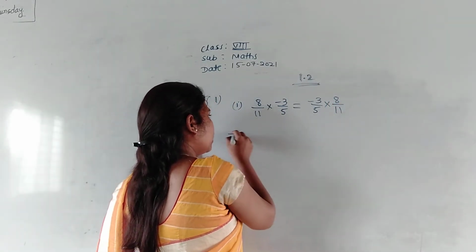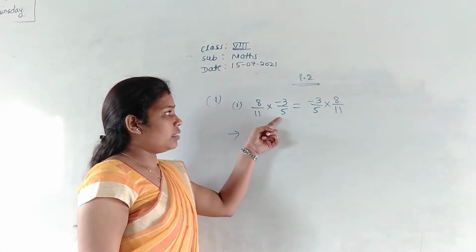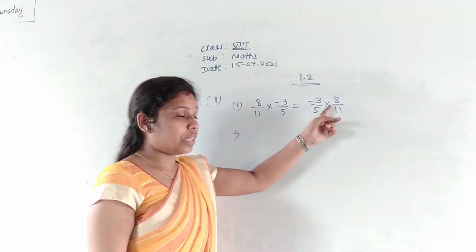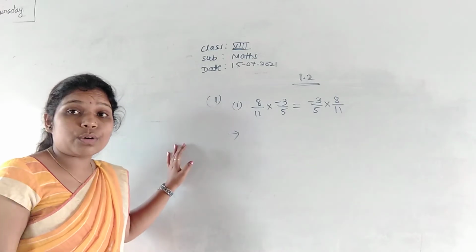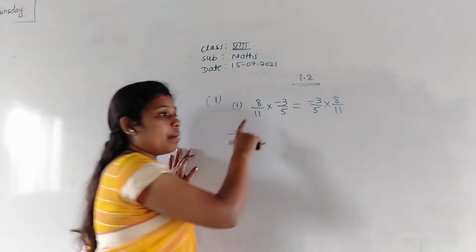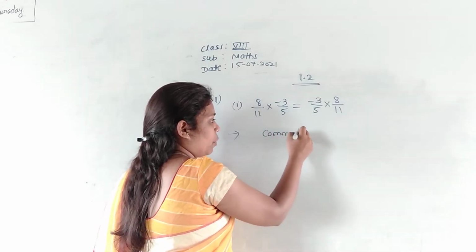Which property did we use here? This is nothing but A into B equals B into A, in that form written, right? So this is the commutative property.